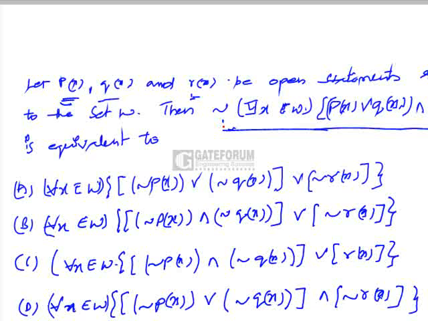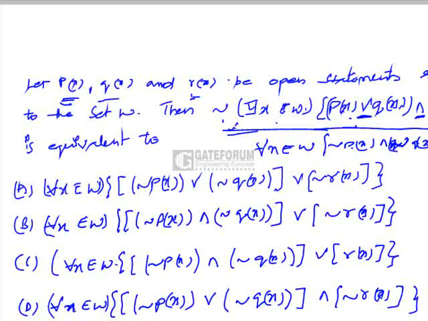So if we negate the given statement, which is negation of there exists x belongs to W, we will be getting for all x belongs to W, P of x will become negation of P of x, or will become and, negation, and Q of x will become negation of Q of x.